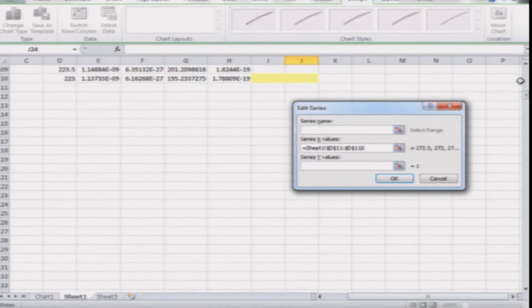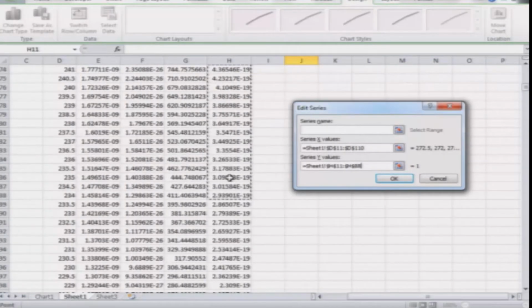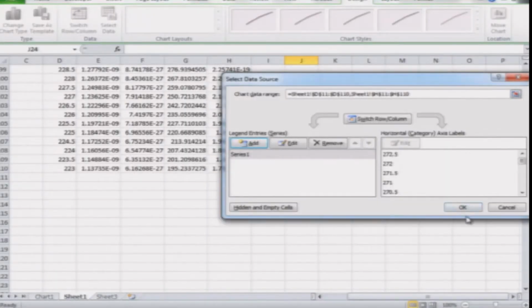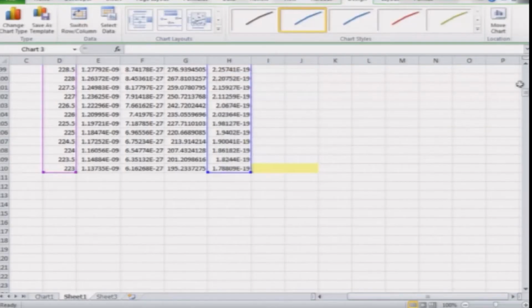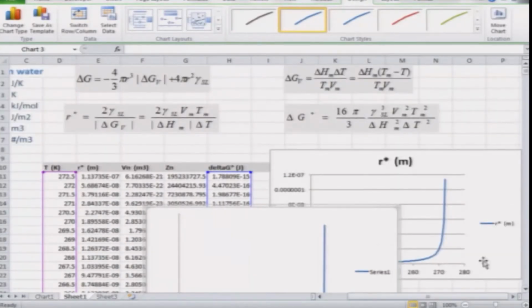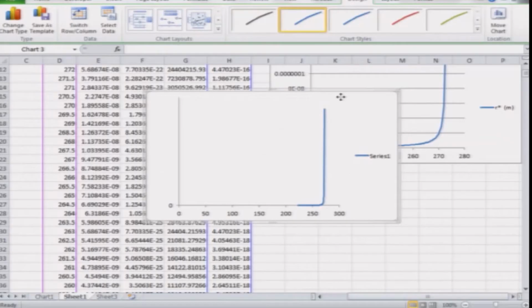For x values it is the temperature. So this is my x axis, and now I will select my y axis, which is delta G star, and I will plot this.